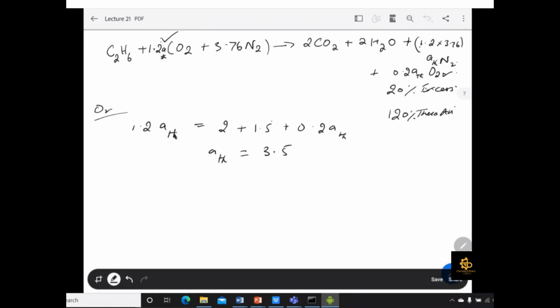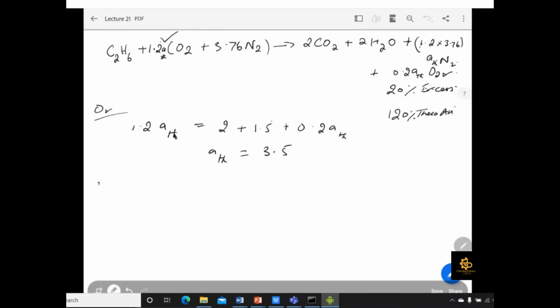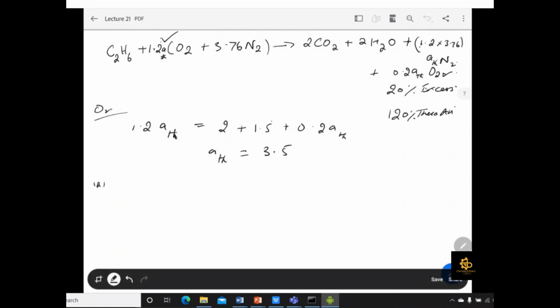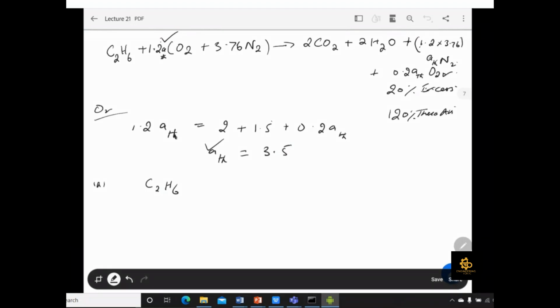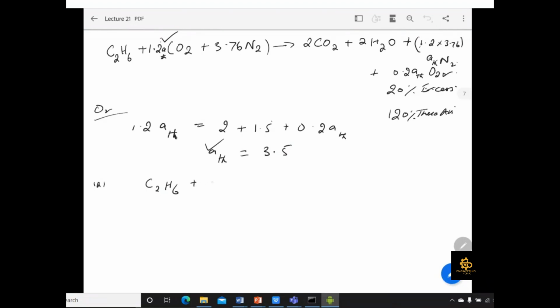This is the first thing you have to find for excess air problems, or it could be a deficient air problem as well. So now the complete combustion equation becomes C2H6, just by putting the value of this coefficient in the combustion equation, which I already wrote before.